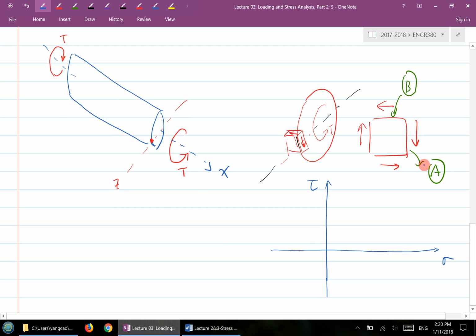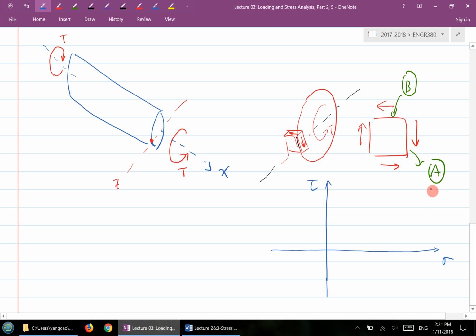The A side does not have any normal stress, only one shear stress here, which will try to cause this cross section to go clockwise, right? According to the Mohr's circle convention, that corresponds to positive or negative? Positive.